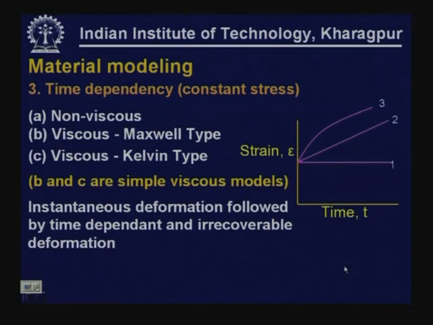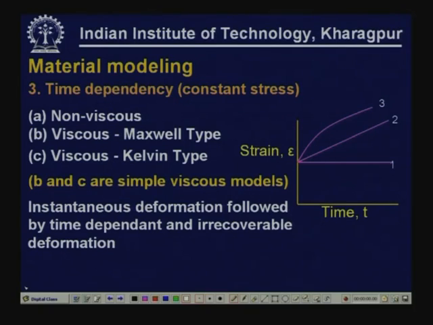The next characteristic that we consider for selection of a material model is the time dependency. For example, if we stress a material to a constant stress magnitude sigma, and epsilon is the resultant strain. So, under this sustained stress sigma, with time, if there is no change in strain, this is a non-viscous material, but if strain changes for constant stress, these are viscous materials.